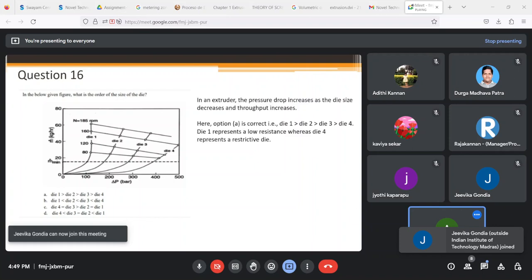Since die 1 requires the lowest pressure, then die 2, then die 3 and then die 4, die 1 is larger, followed by die 2, then die 3 and then die 4. Die 1 represents the lowest resistance, which is why your delta P is very low, whereas die 4 being small is a very restrictive die.